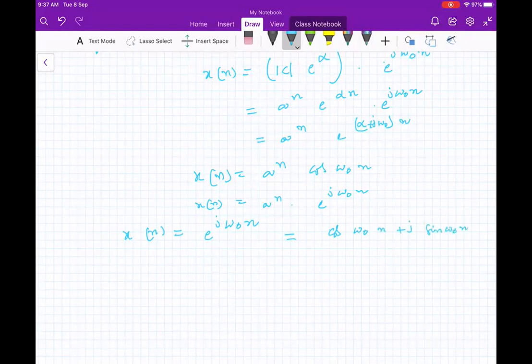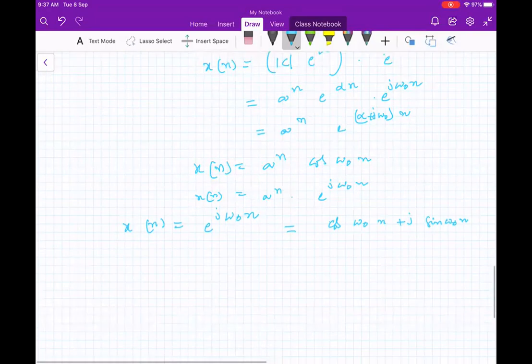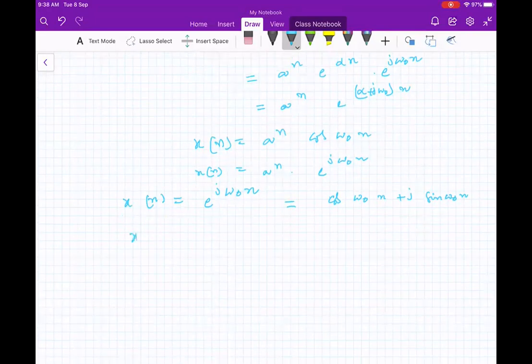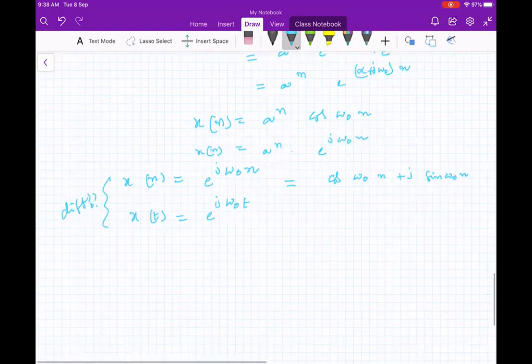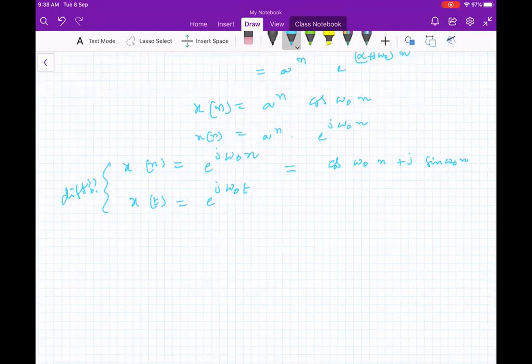Now what we wish to see is, between x of t and x of n in complex exponentials, is there any difference? Is there any difference between a continuous time complex exponential signal and a discrete time complex exponential signal?